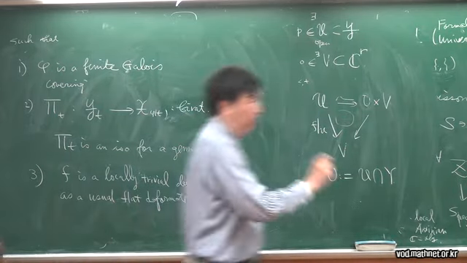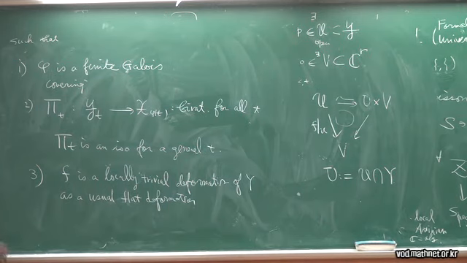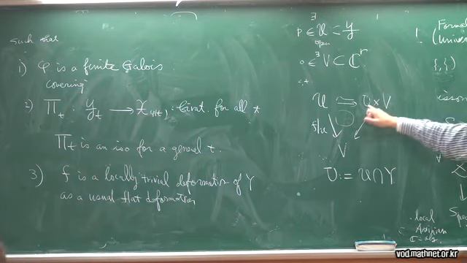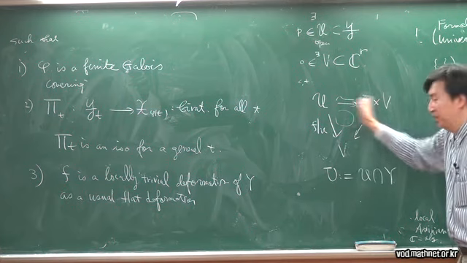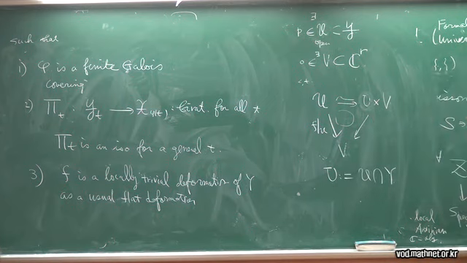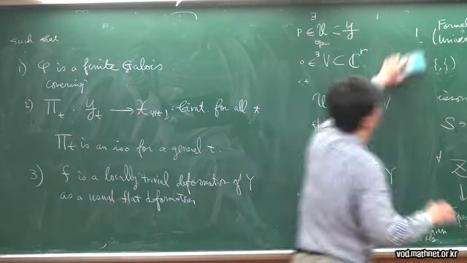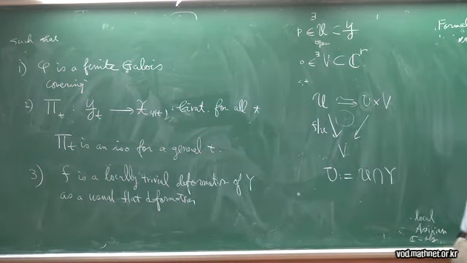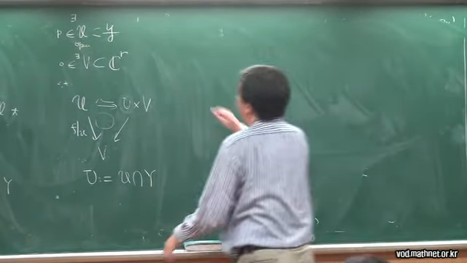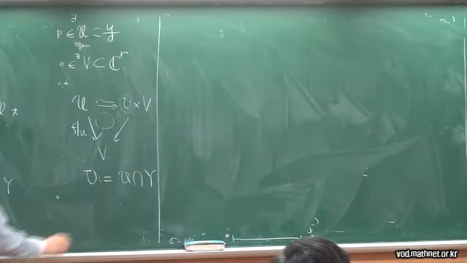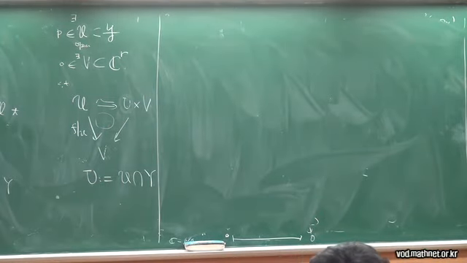So if Y has singularities, then every fiber should have singularities, because by this assumption, if U has singularities, then every fiber over V has singularities. So singularity doesn't change under this deformation. This is the meaning of the last statement. I want to apply this theorem.